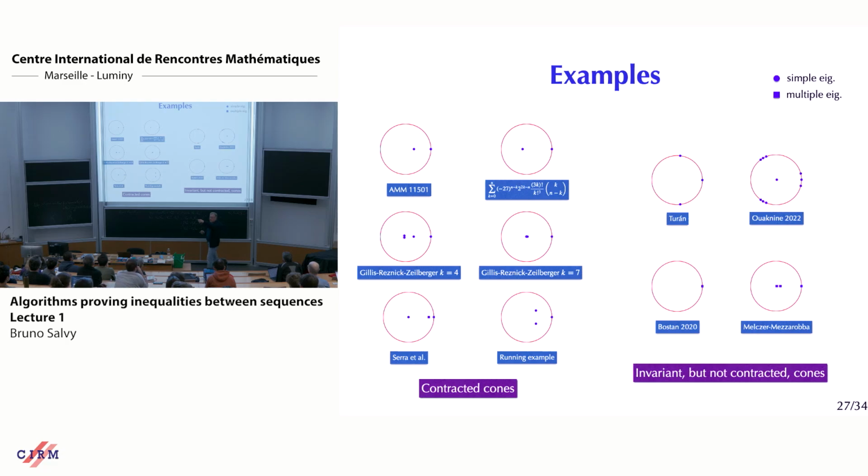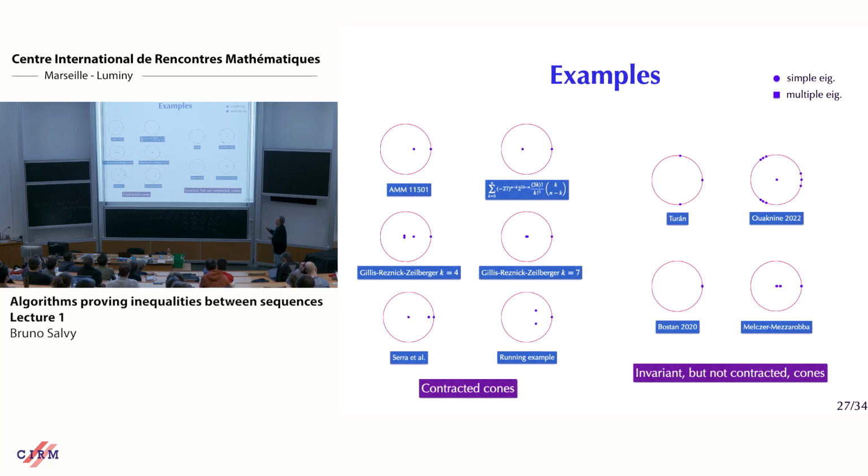The example with Miyahara and co-authors, some of them in Rome, you have a simple dominant eigenvalue one here, a double one here, and then another one that's positive, contracted cone. The example with the nice picture, I find it nice, again, contracted cone.